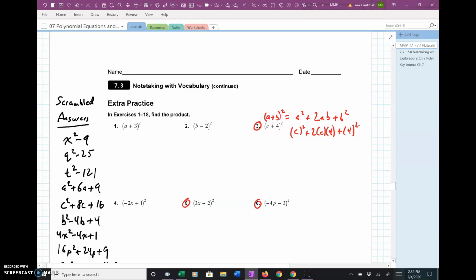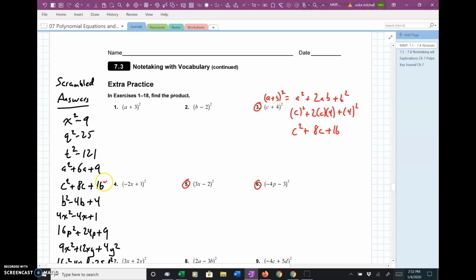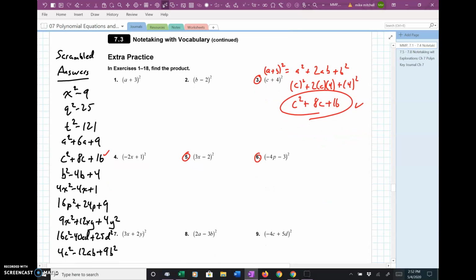You don't have to use all those parentheses. I like to. The c and the 4 could do without them. In the middle they work well. That's going to be c squared plus 2 times 4 is 8. There's 8c plus 16. There's my answer. We're looking good there. That checks out.